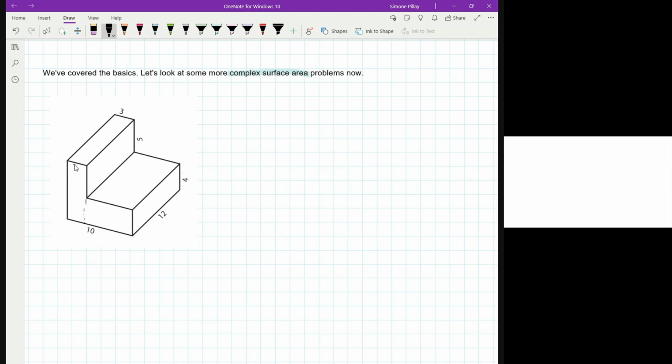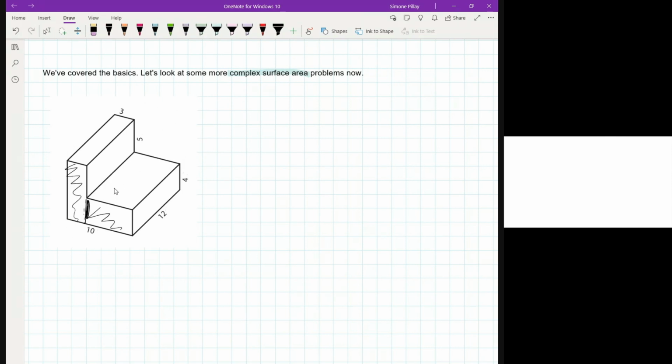Remember, surface area is just the area of each face added together. So if you split them, Umar, into two rectangular prisms, do you see that you're going to include this face in this rectangle? That's actually not part of the surface area of this shape as a whole. Umar? Yes, ma'am, I see it.